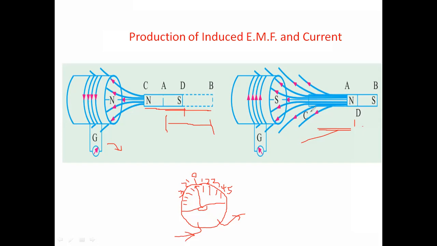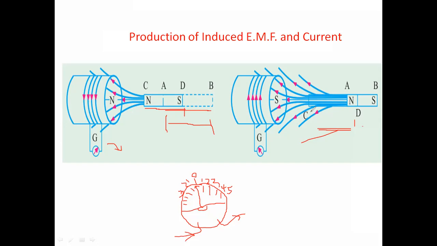So the EMF or current will be induced in such a situation that either the coil is moving or the magnetic flux linkages are changing. Constant flux does not produce any current; the flux linkages also should be changed.